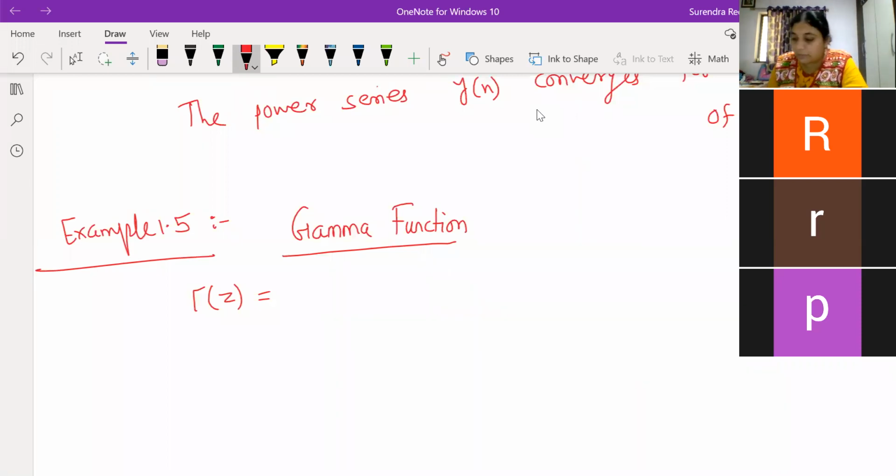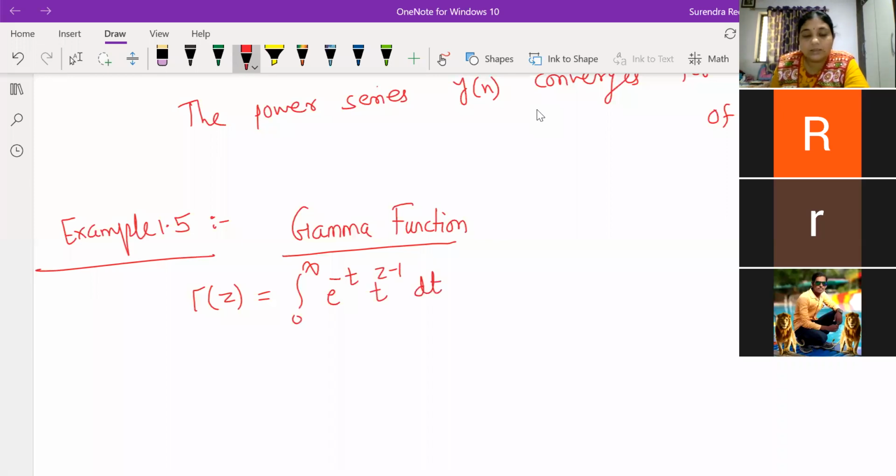The gamma function, gamma of z, is equal to the integration from 0 to infinity of e raised to minus t, t raised to z minus 1, dt. This is my gamma function, where the real part of z should be positive.